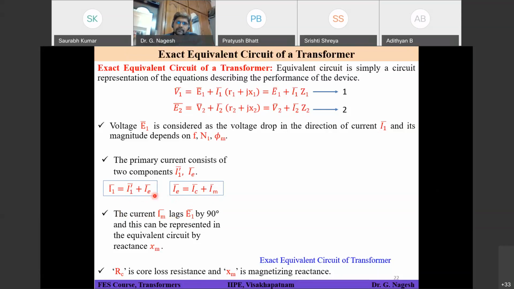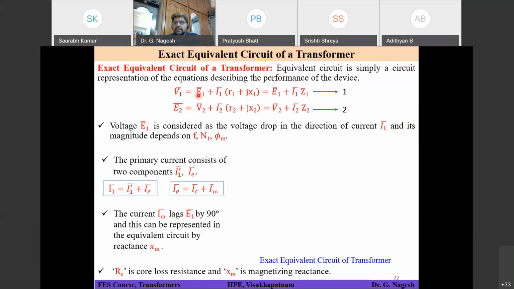Using these two equations, can you try to draw the equivalent circuit? You just have a try. On the primary side you have voltage, after that some resistance and reactance drop should be there, after that E1. This is on the primary side.